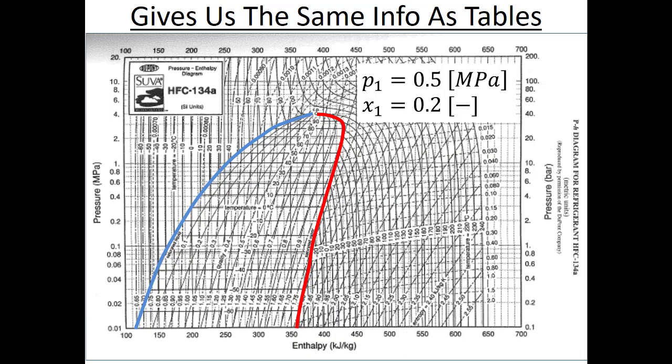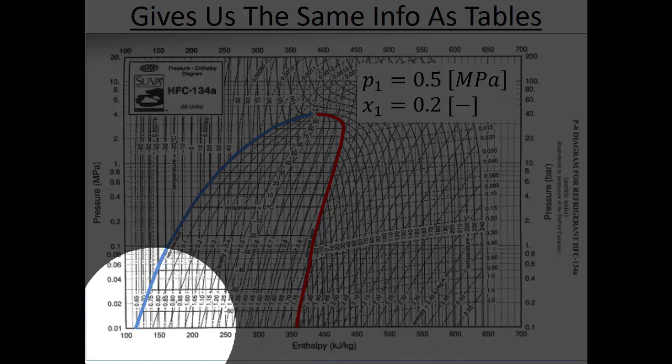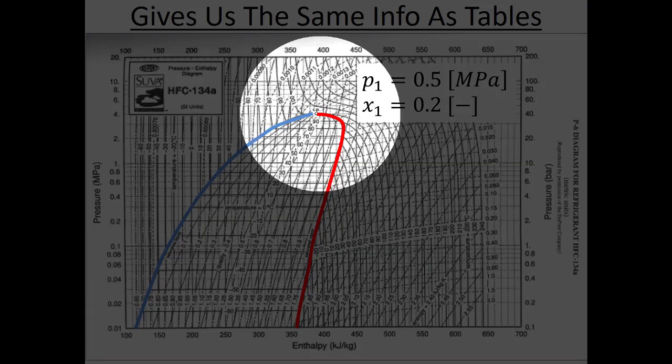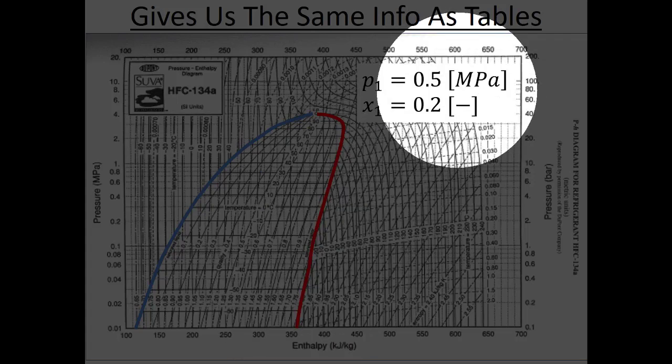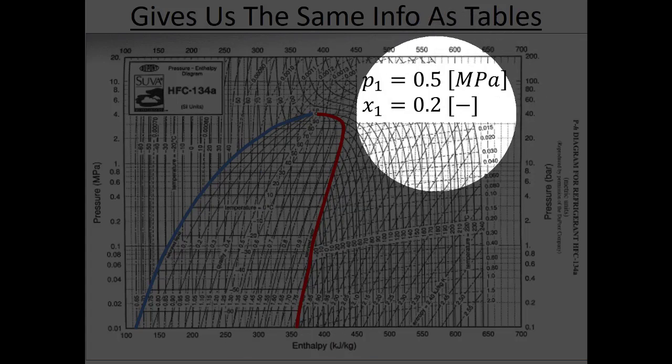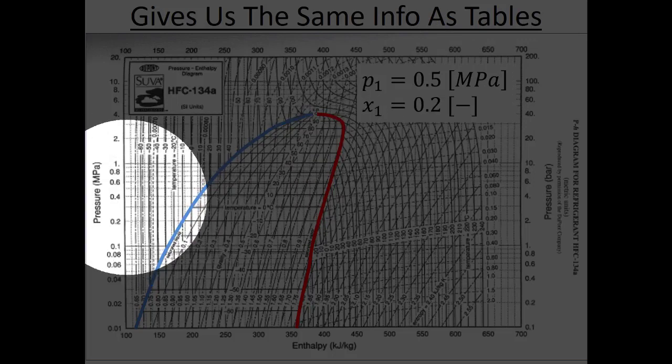So now here I have my table or my chart, and I've highlighted the saturated liquid line, which is my blue line, and my saturated vapor line, which is my red line. I know that my pressure is 0.5 megapascals and my quality is 0.2. Over here, I see that the pressure on the vertical axis is in megapascals.